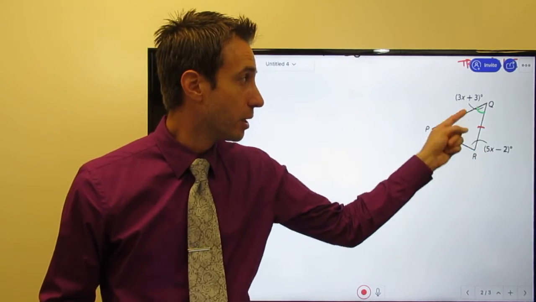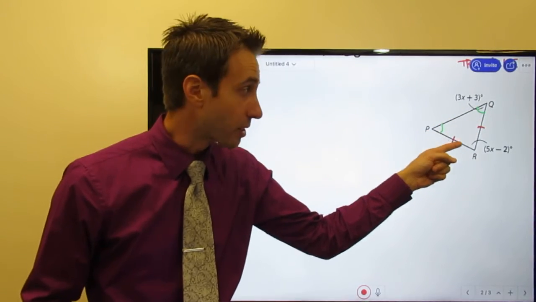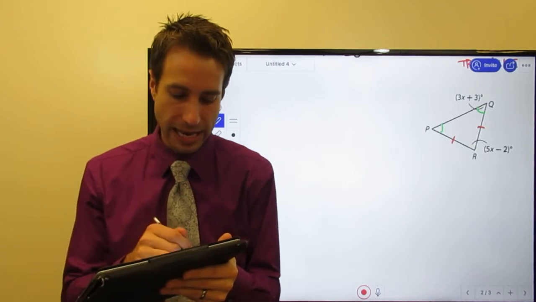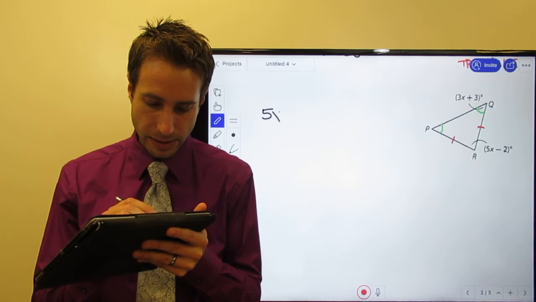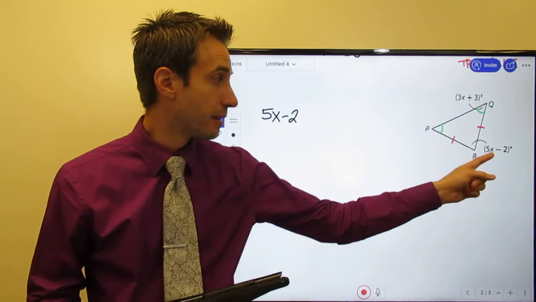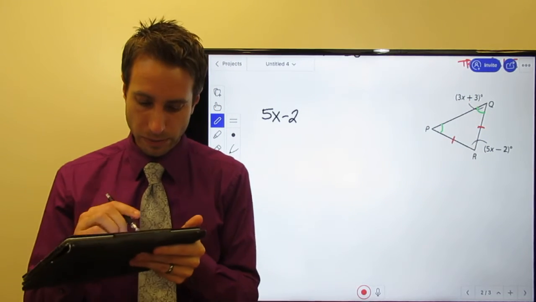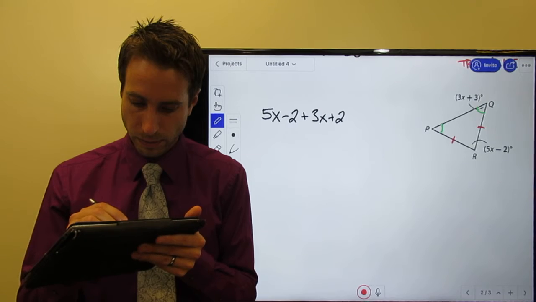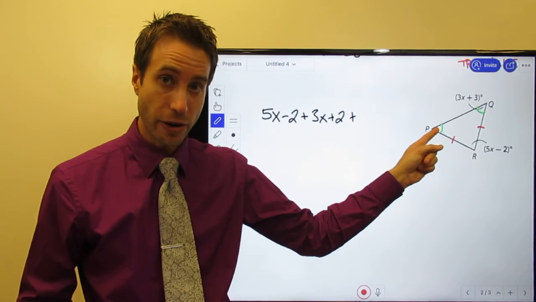5x minus 2, 3x plus 3, 3x plus 3. The interior angles have to sum to 180. So here we go. 5x minus 2, right? This interior angle plus this interior angle plus this interior angle.